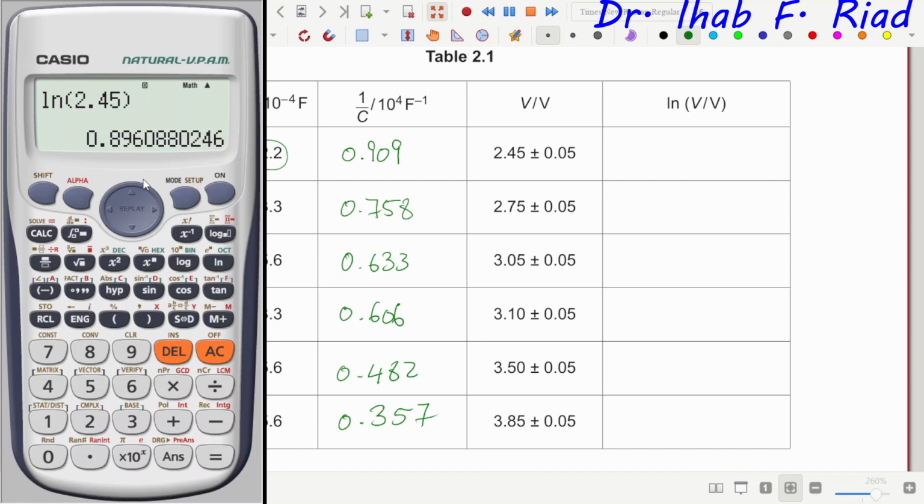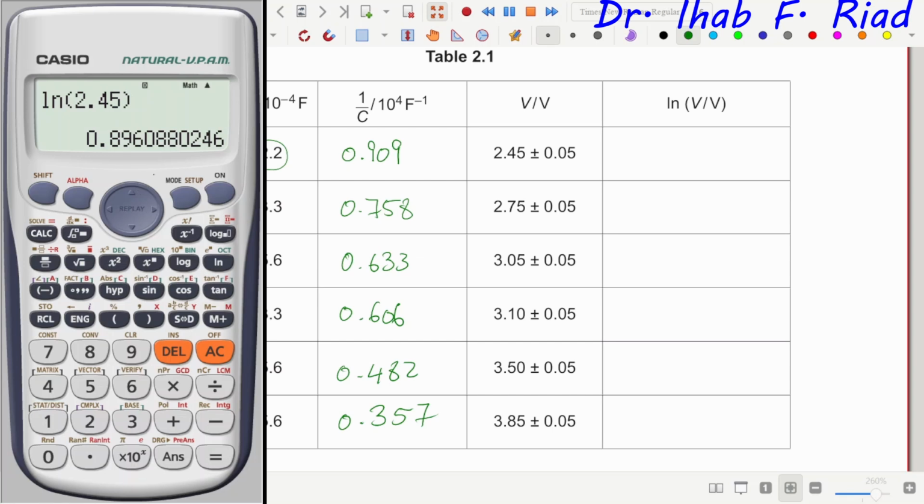The recommendation for the ln function and the log function is to keep in the ln and the log the same number of decimal places as there are significant figures in the original value. What does that mean?